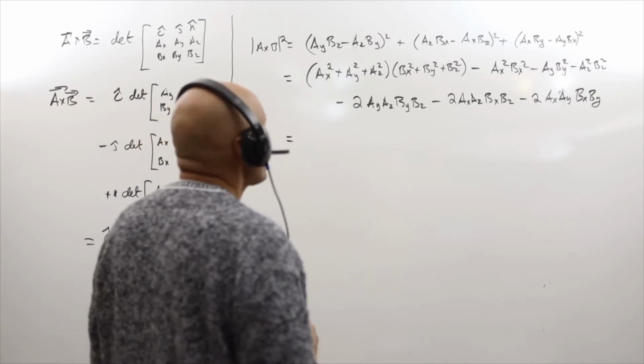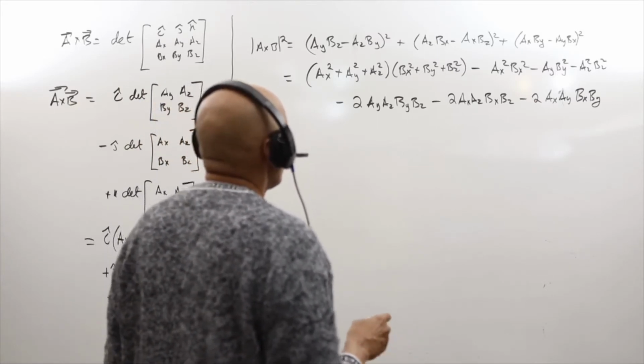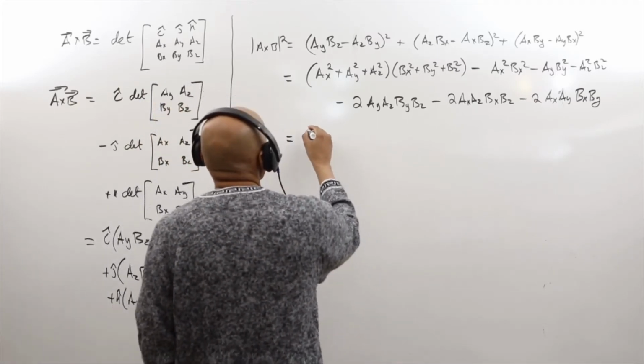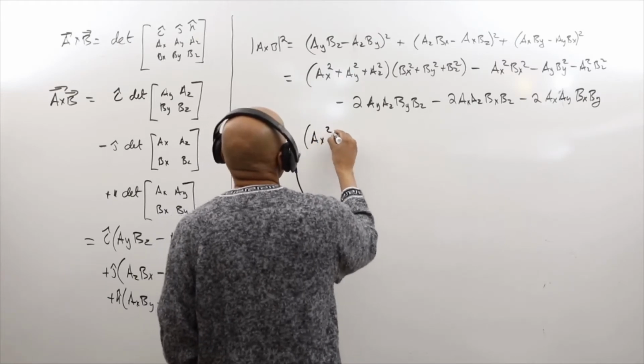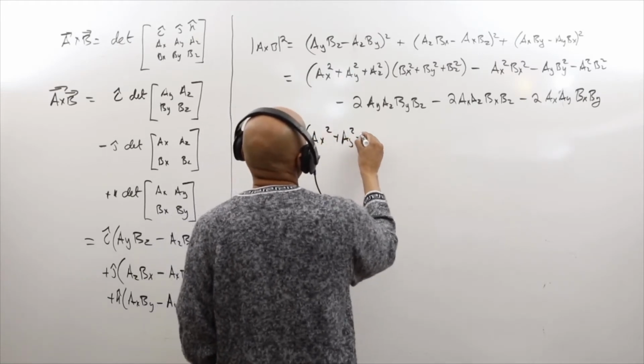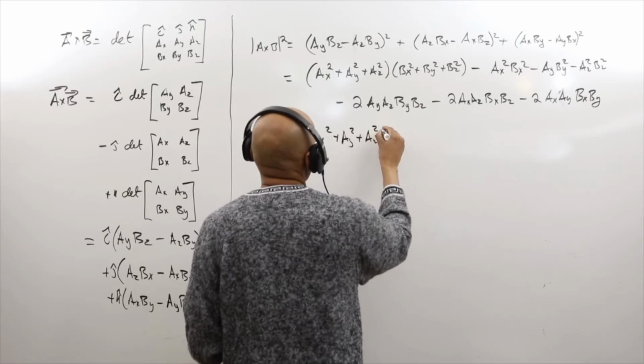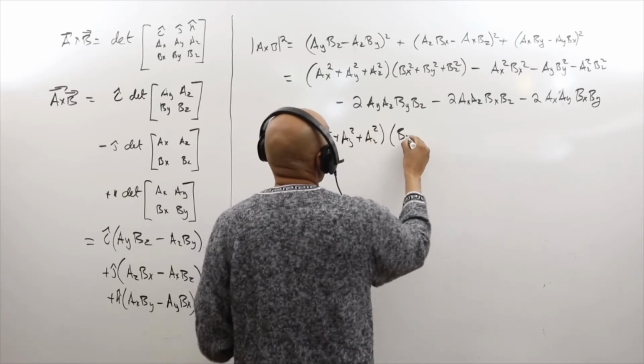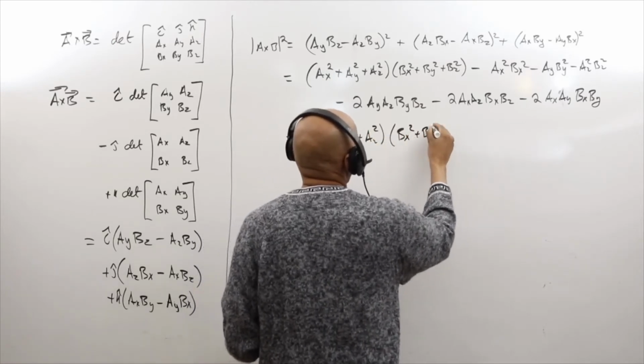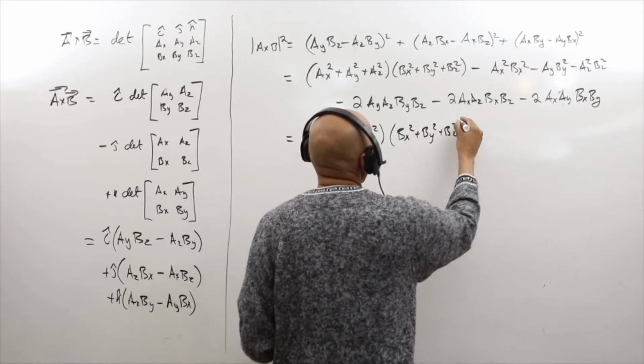Okay, so what I get is (ax squared plus ay squared plus az squared) times (bx squared plus by squared plus bz squared).